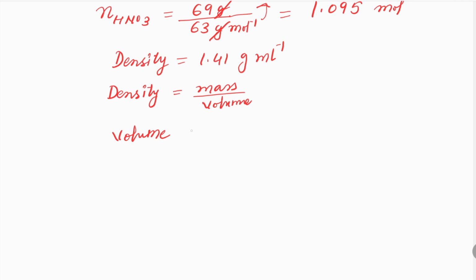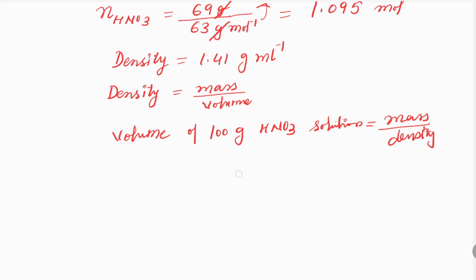So volume of 100 gram nitric acid solution will be equal to mass upon density. Mass was 100 gram and density is 1.41 gram per milliliter, which becomes in milliliter. This comes out to be equal to 70.92 milliliter.